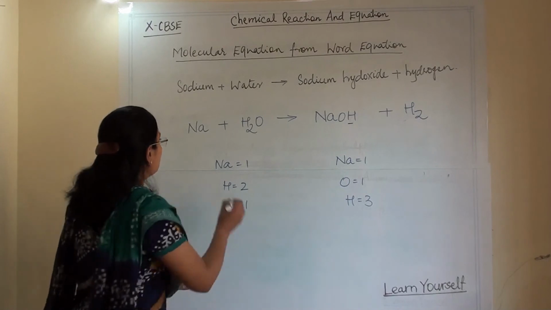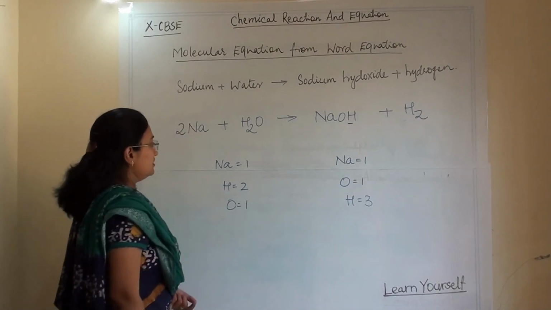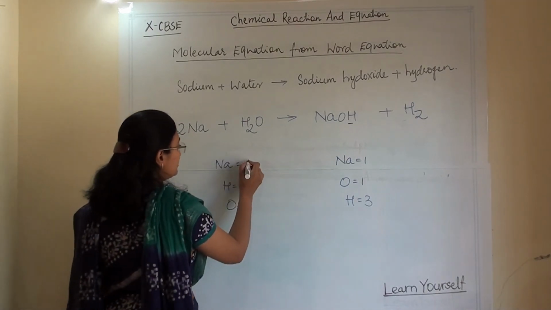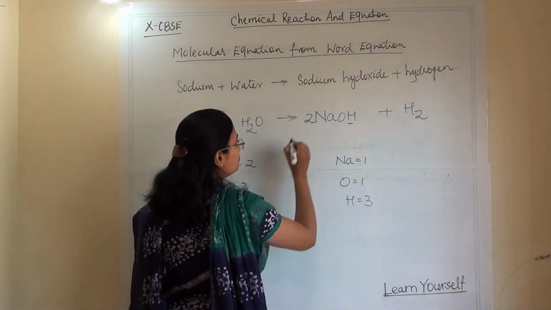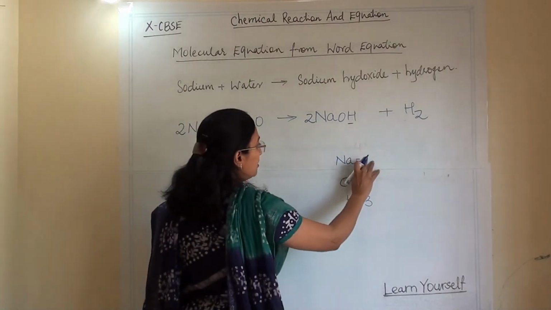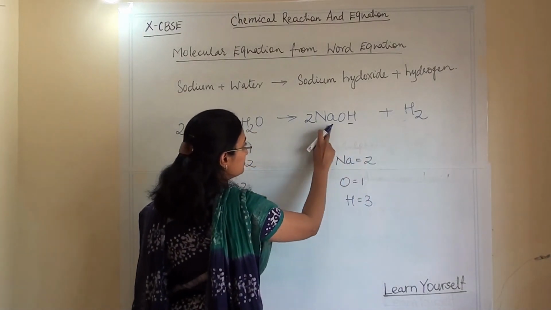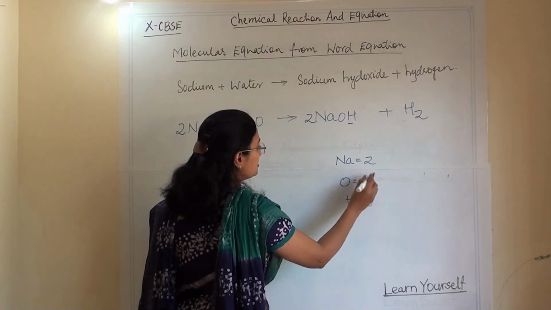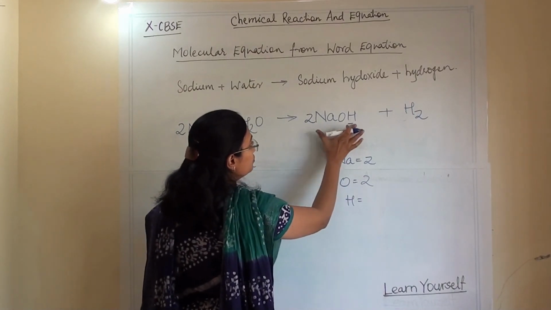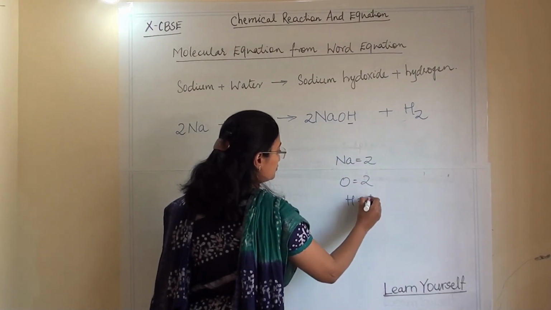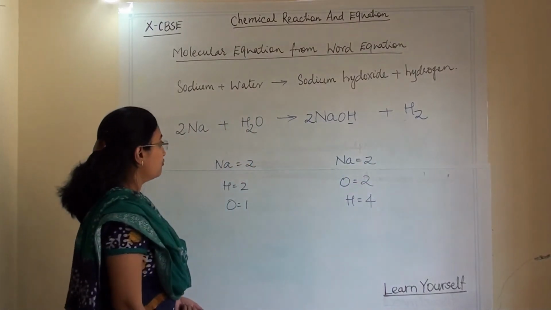So when we add 2 here, our sodium will become 2. If we add 2 here, then our sodium will change, our oxygen will change and our hydrogen will become 2 plus 2, so it is going to be 4.